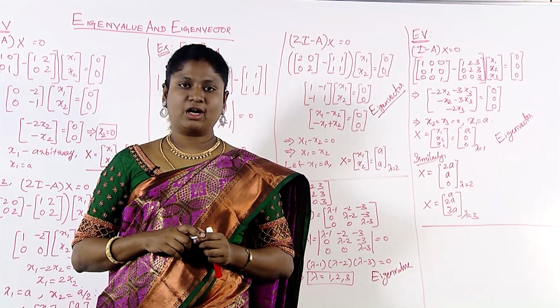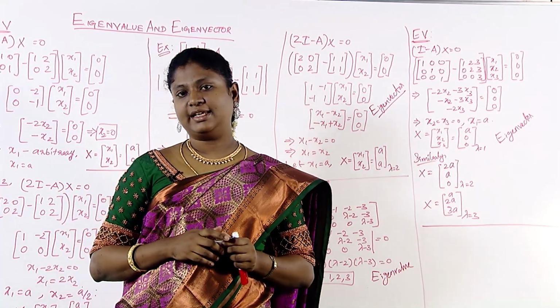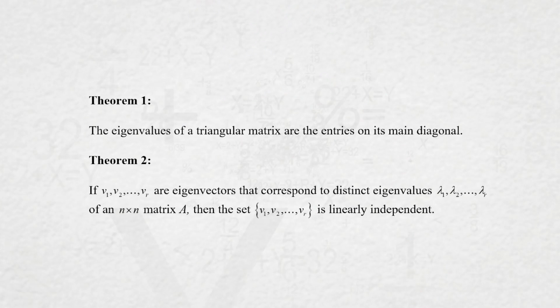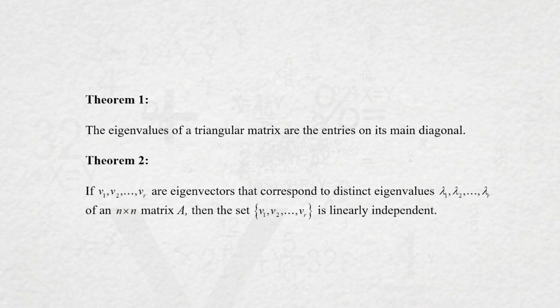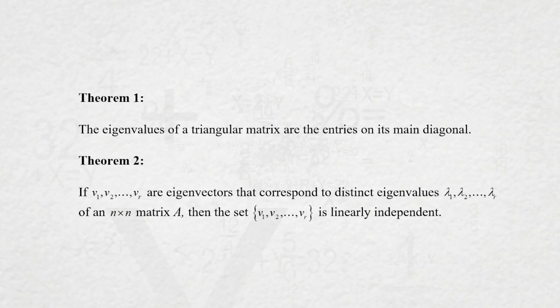Next, we shall talk about some theorems and see what the theorems say. The first theorem states that the eigenvalues of a triangular matrix are the entries on its main diagonal.